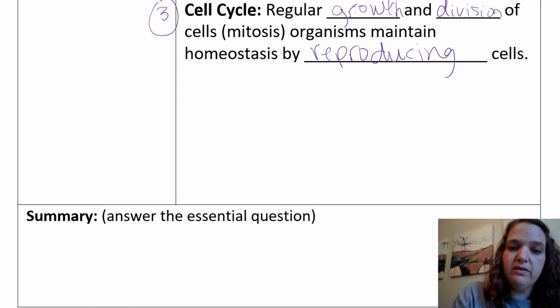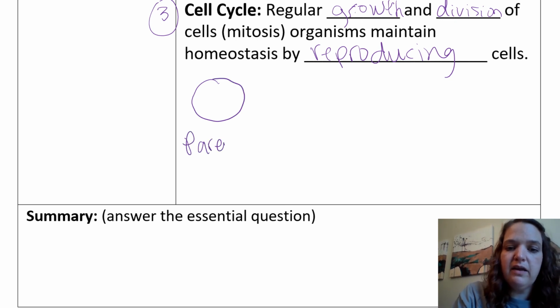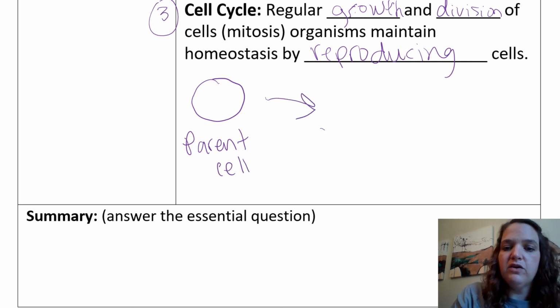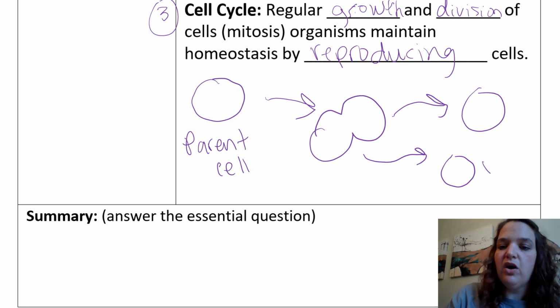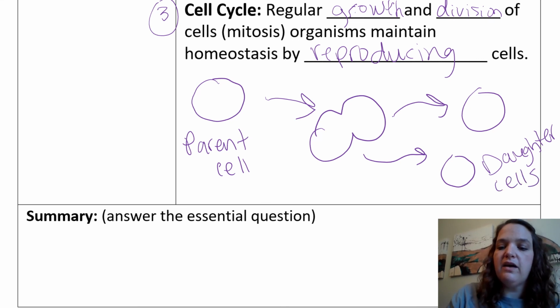And the way this works is you start off with a cell that we call a parent cell. And that parent cell starts to divide, so that cell starts to split and eventually becomes two cells. And we actually call these cells daughter cells. And those daughter cells are going to have the exact same DNA as the parent cell.